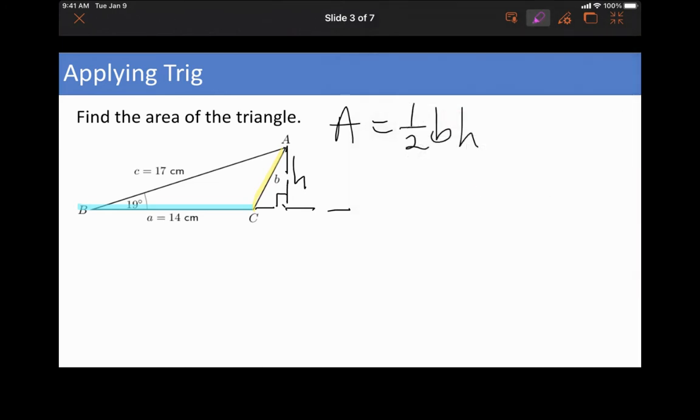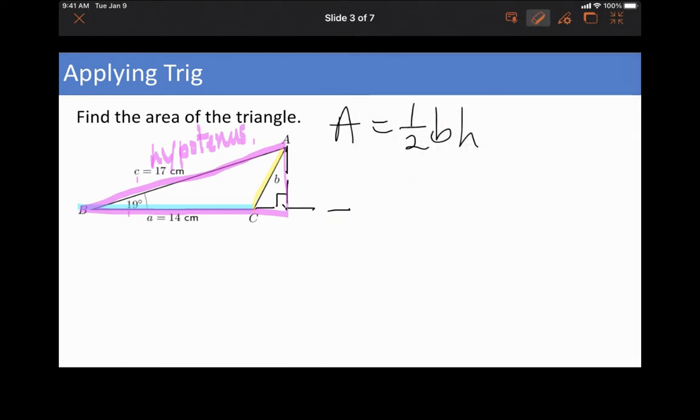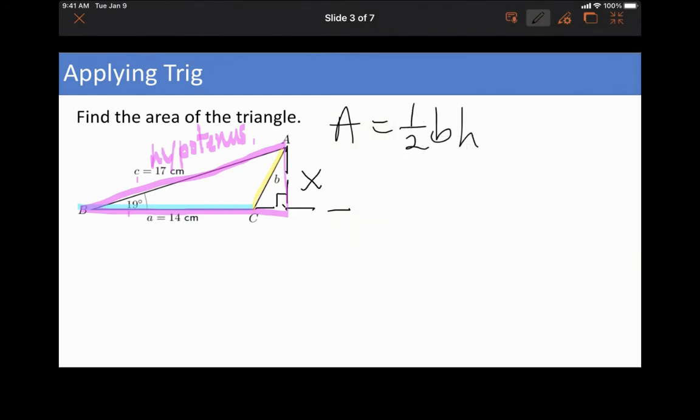So if you're looking at here, this is now a right triangle. And I have an angle and I have the hypotenuse. I'm going to just call it hypotenuse, not to be confused with the h I just wrote here. You know what? I'm going to actually change it to x. So if this is a hypotenuse, this is our angle.